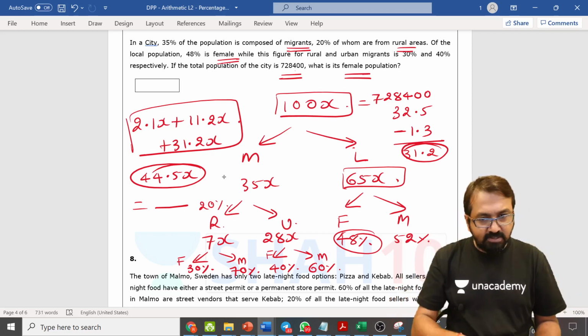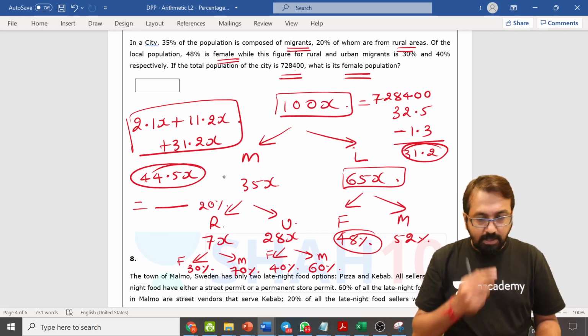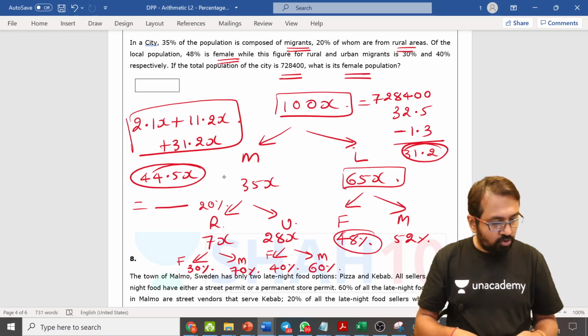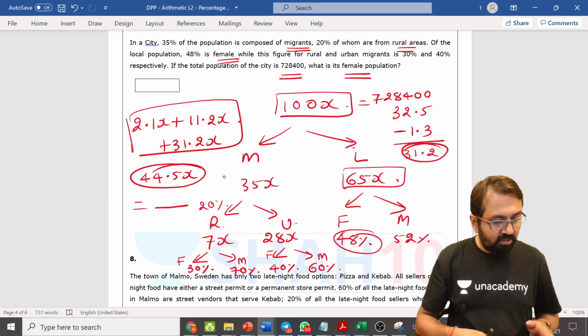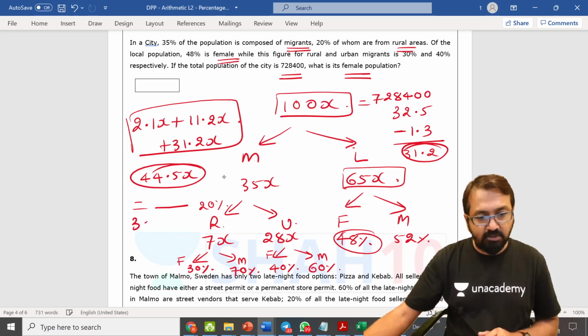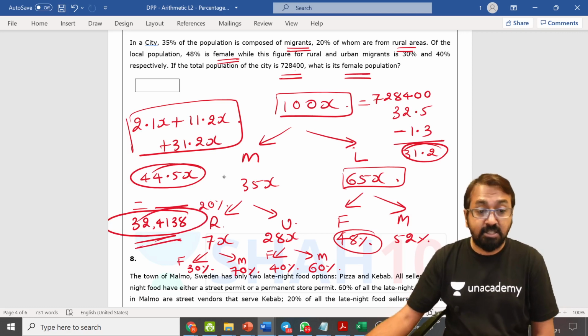So it will be 728400 into 44.5, so we can eliminate this. It will come out to be 324138. This value will come out to be 324138. So this is the total female population in the city.